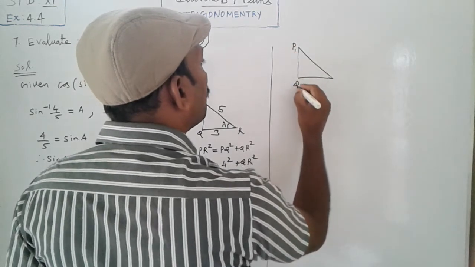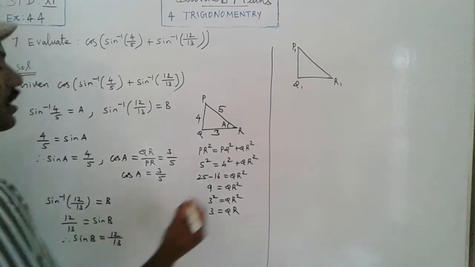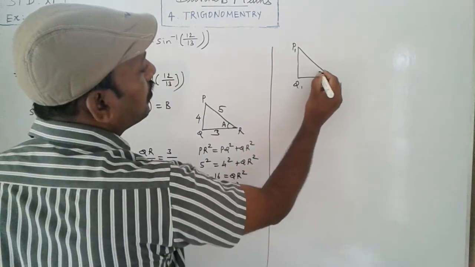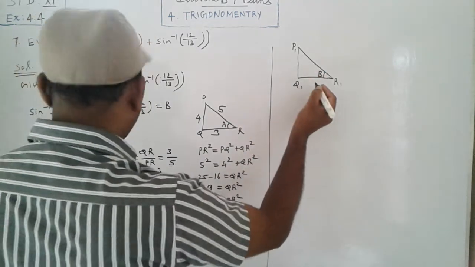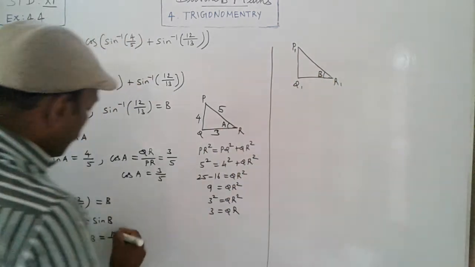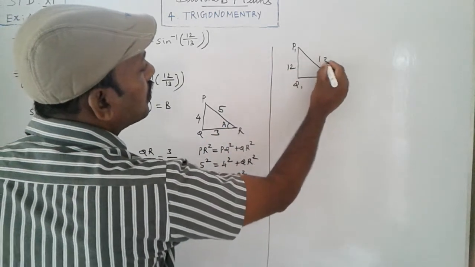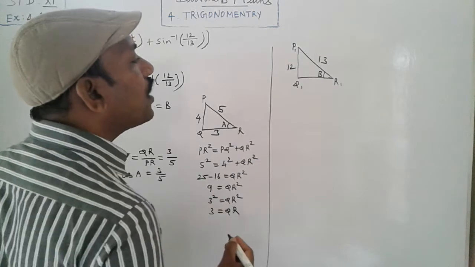P1, Q1, R1 we should take. Then B is the angle. Sin B equal to opposite divided by hypotenuse. Opposite is 12. Hypotenuse is 13. We should find out Q1R1.